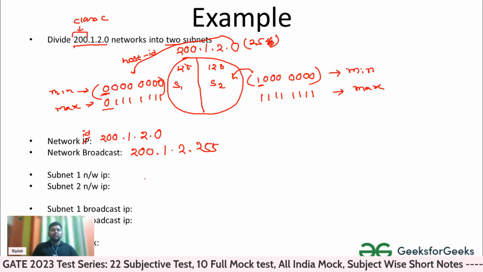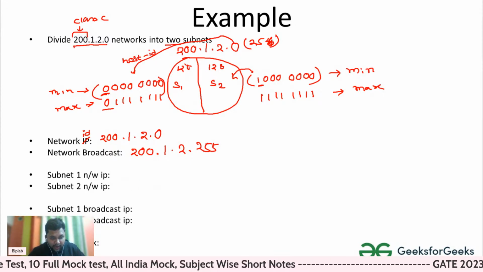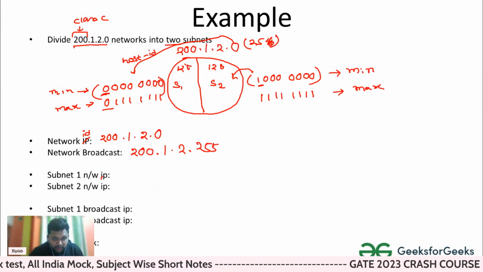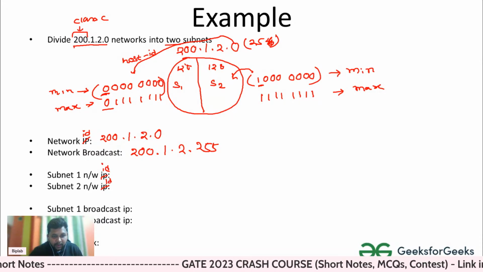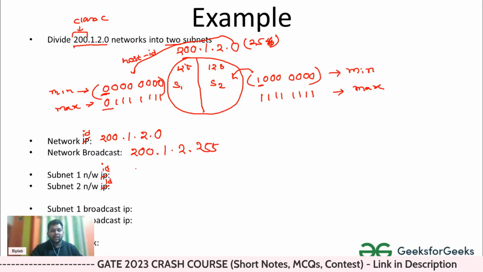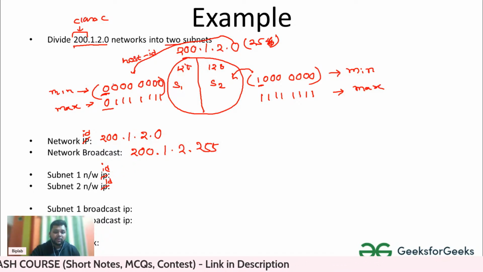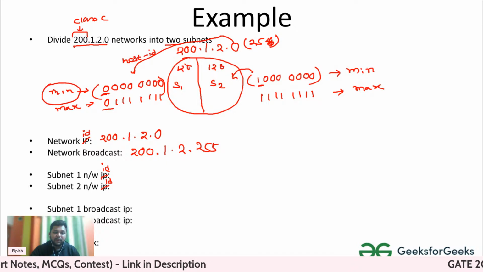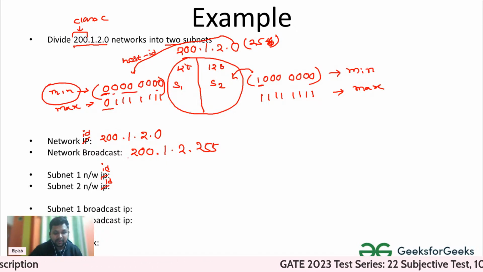Now if you see subnet 1, what will be the network ID? Again, it should be ID, not IP. For subnet 1, your network ID is nothing but the minimum one, when you put all the bits as 0.